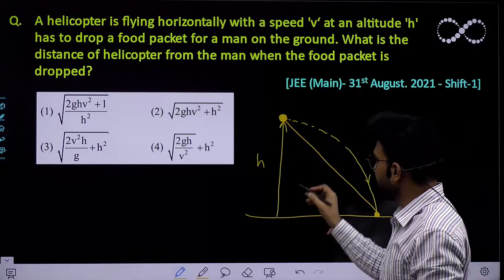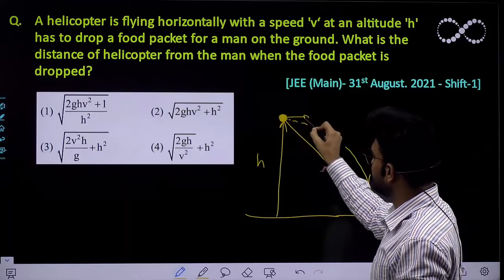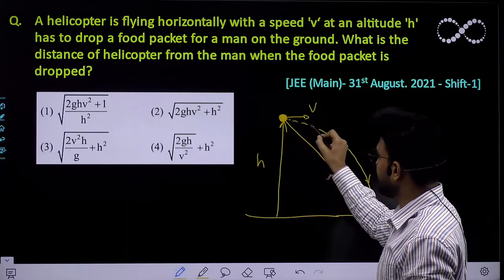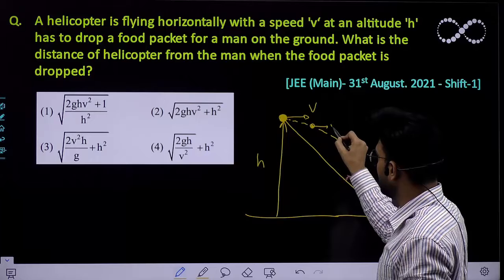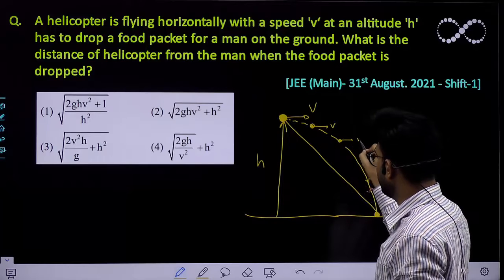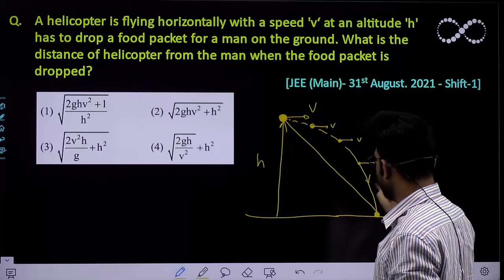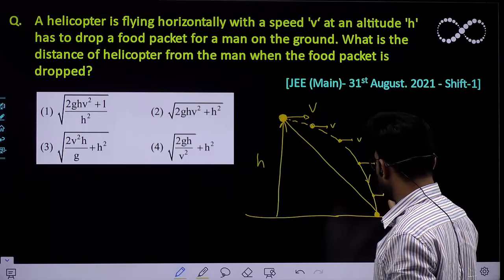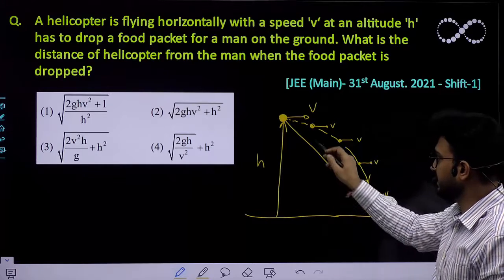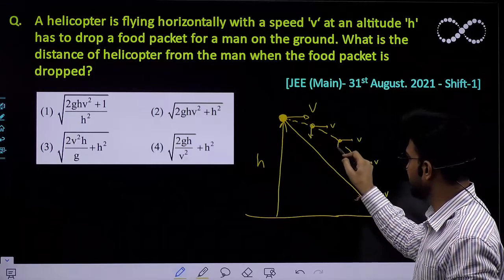Obviously, if the helicopter is moving horizontally with the speed v, the small packet would also have a horizontal speed of v. That means it is continuously moving in the horizontal direction and at the same time it is freely falling.